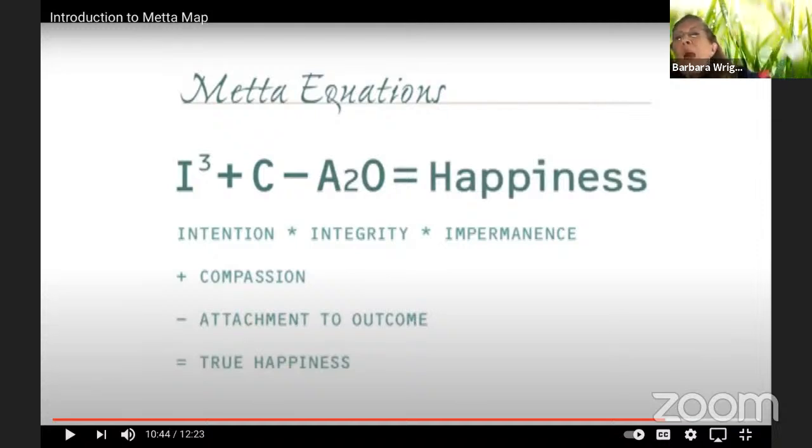But you do have to have minus attachment to outcome. So if you have an intention, but you have too much of an attachment to outcome, you're not going to have happiness. If you have your intention, your compassion, and no attachment to outcome, you'll be happy.